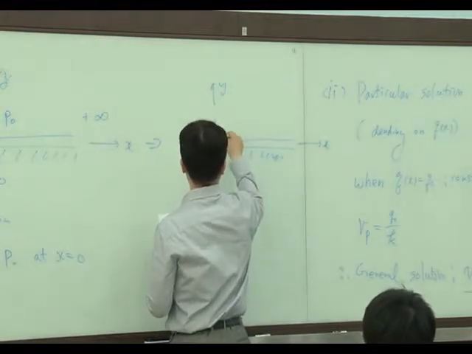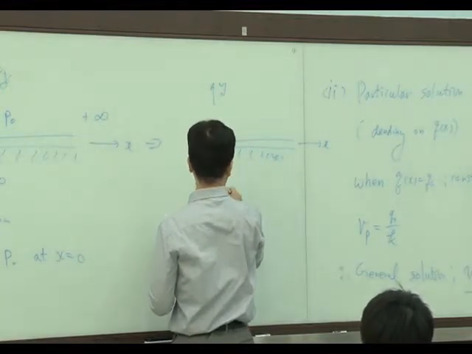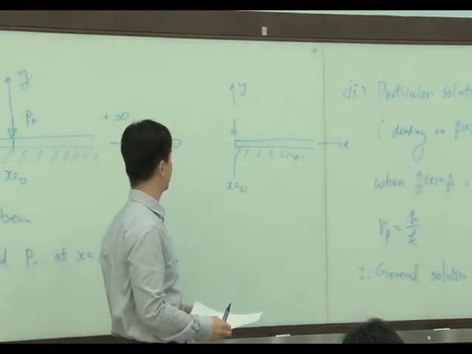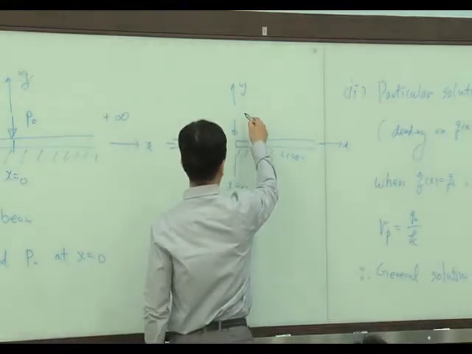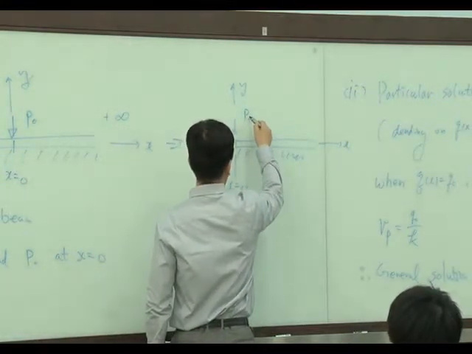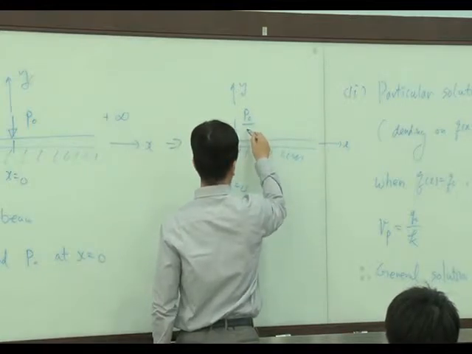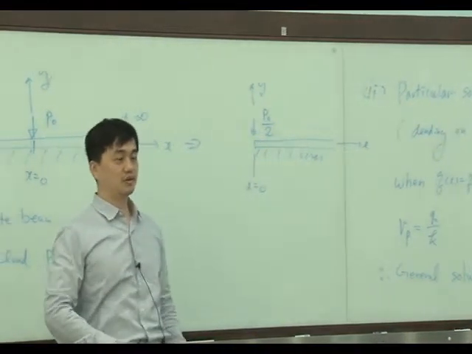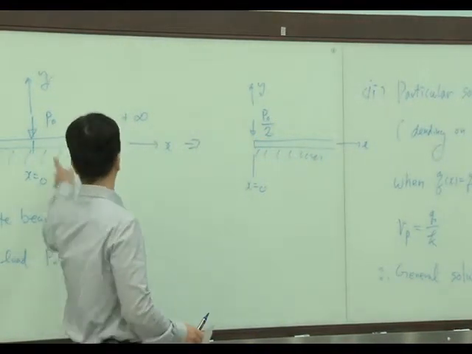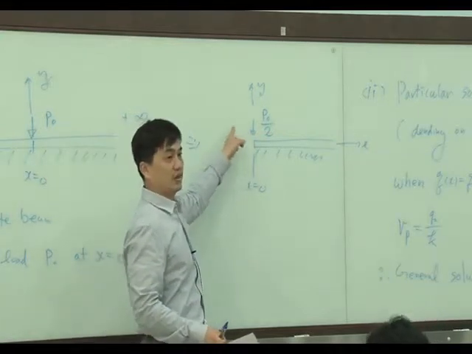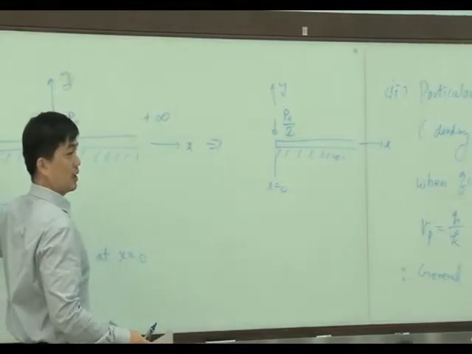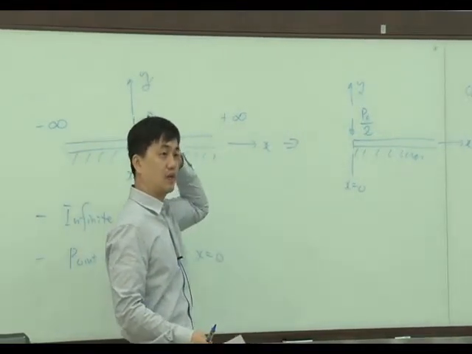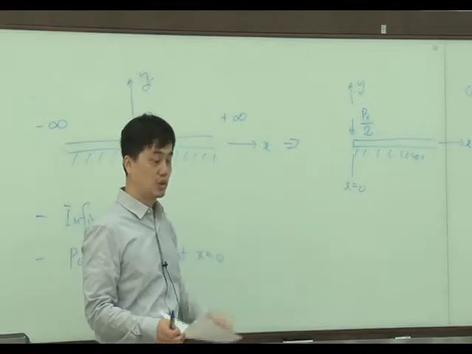Here x equals 0, and we consider only this domain. Then instead of P0, the point load is half of P0. Okay, this is important. Half of the load is supported by the right part, half by the left part. So we need to use only half.